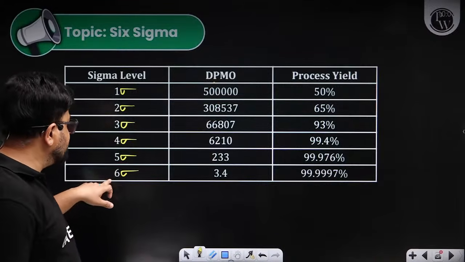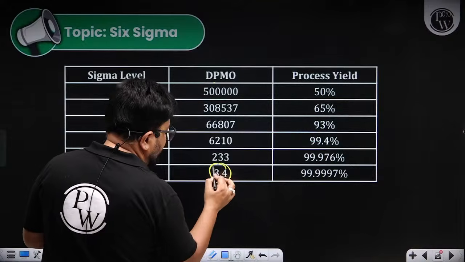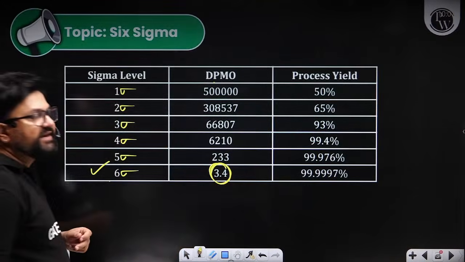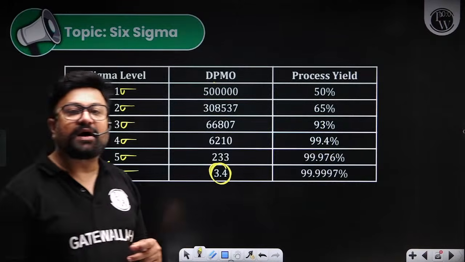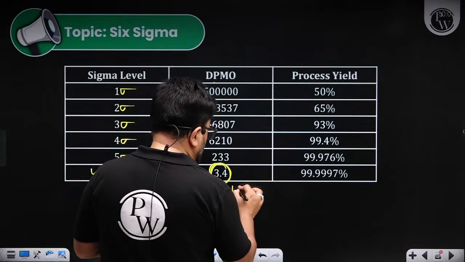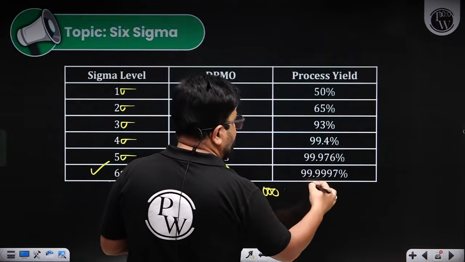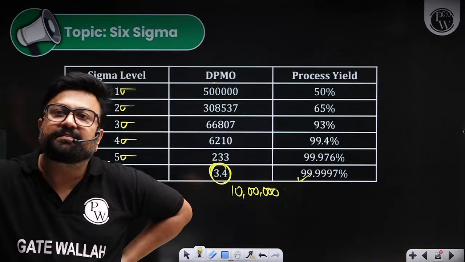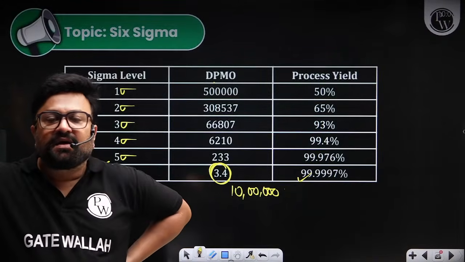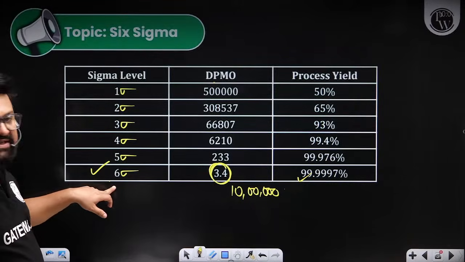If you consider 6 sigma, only 3.4 defective items out of 10 lakh units, which gives a process yield of 99.9997%. Then you will say, sir, why don't we go to 7 sigma, 8 sigma?